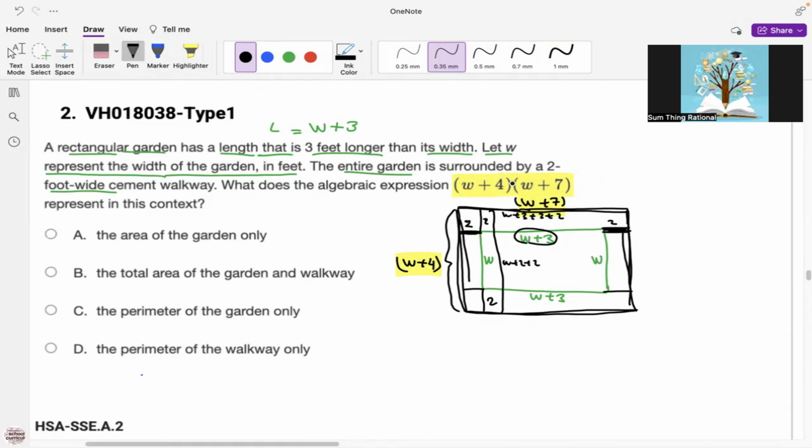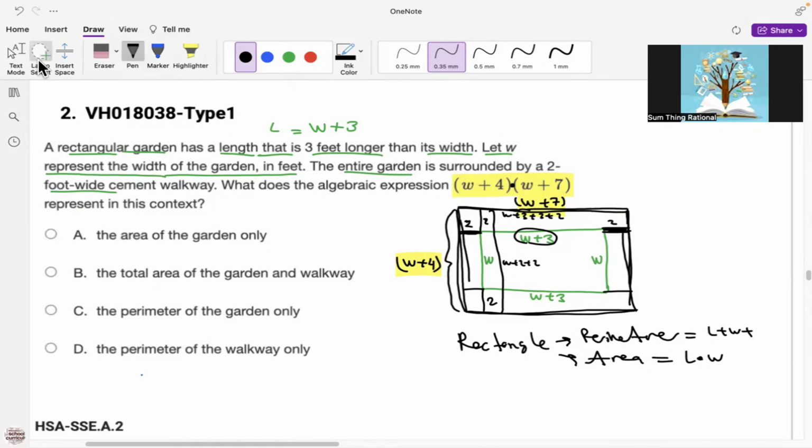What we multiply here is what we are measuring. When we talk about a rectangle, we have a perimeter and an area. For area, we multiply length and width. For the perimeter, we add length and width, and one more length and width.